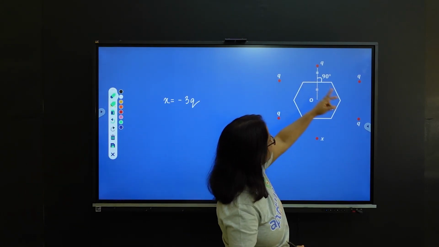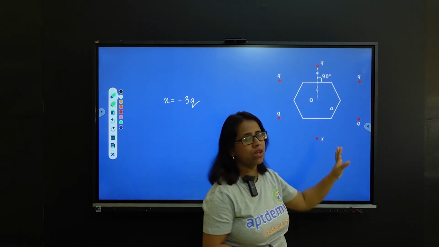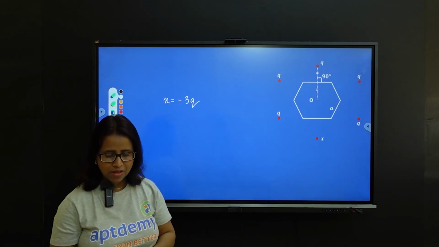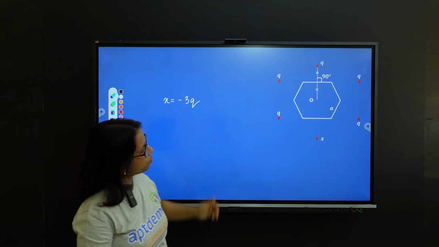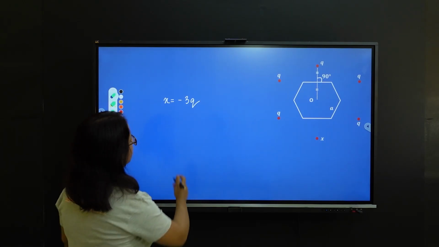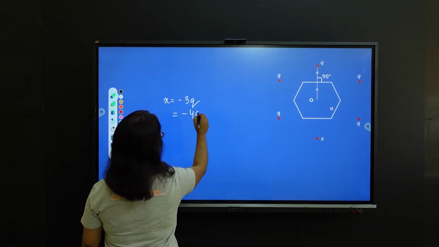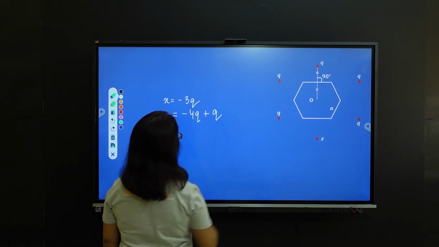We had 5 charges and here it's minus 3q, that is 3 charges of negative sign, of just the reverse sign. So in this case, we can see that we may write this as minus 4q plus q.